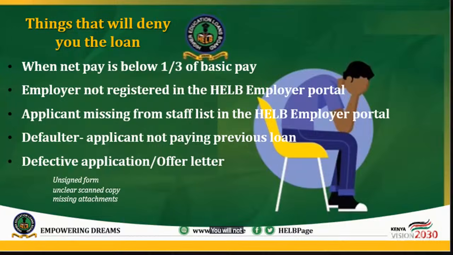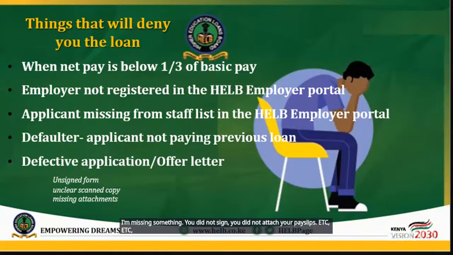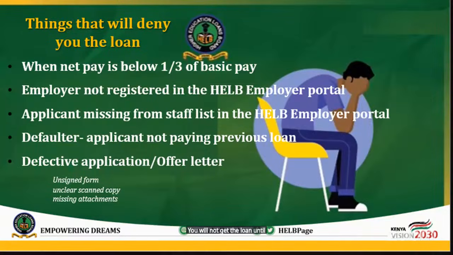Unfortunately, you will not be able to get the loan. Also, if your application is defective in any way, missing something, you did not sign, you did not attach your pay slips, etc., you will not get the loan until you provide.